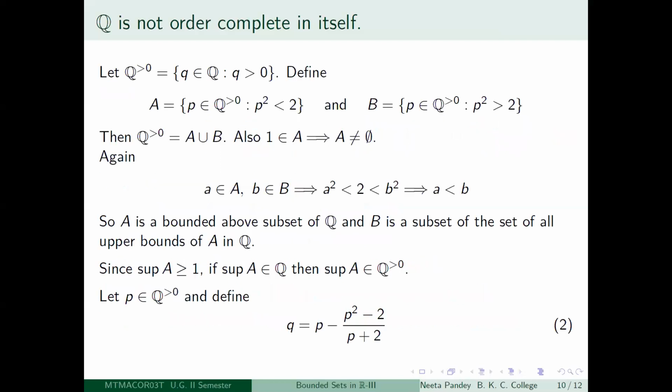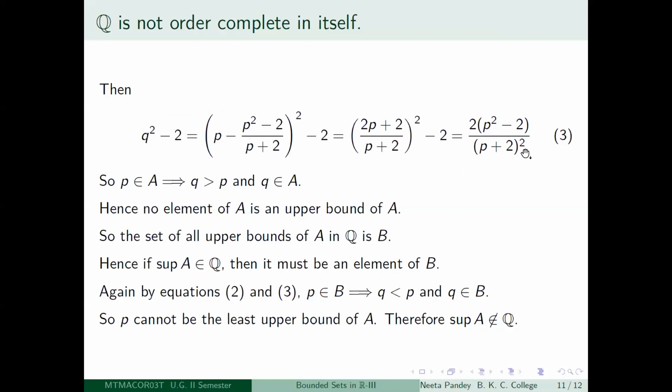If you just look at the set, you can realize what is the supremum of this. It is precisely square root of 2, because p squared less than 2 means p is less than root 2. So what would be the supremum? The supremum would be root 2, and root 2 is not a rational. So the same argument from which we started is telling you this result.